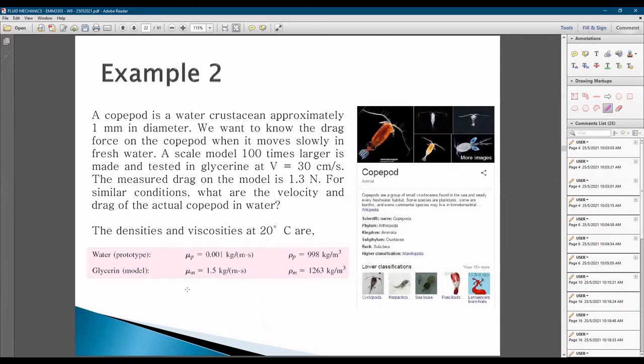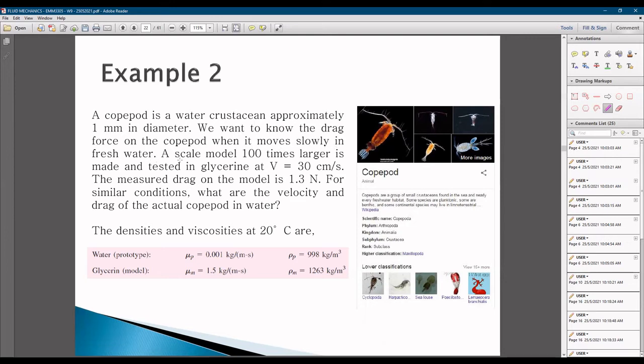Okay, example number 2. We have this small creature. I don't know how to pronounce it. It is a water creature, a crustacean, approximately 1 millimeter in diameter, very, very small. We want to know the drag force on this creature when it moves slowly in fresh water.